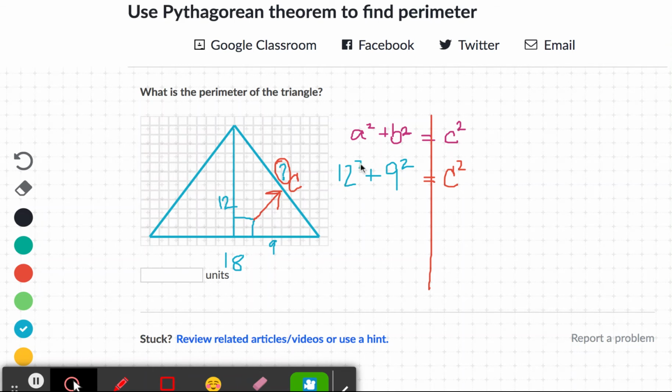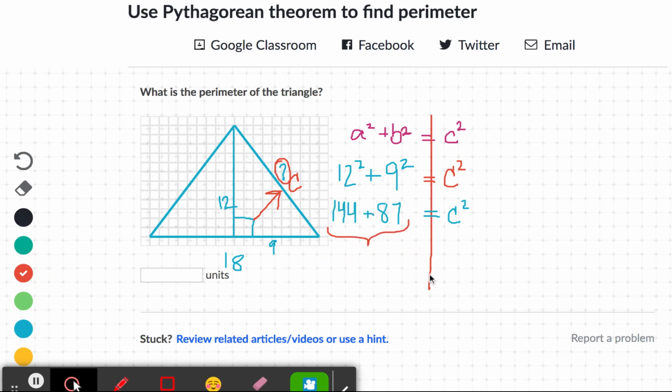Now, 12 squared I can find on a multiplication table is going to be 144, plus 9 squared I can find on a multiplication table is going to be 81. And that all together is going to equal c squared. Speaking of all together, my next very important step is to put that all together.